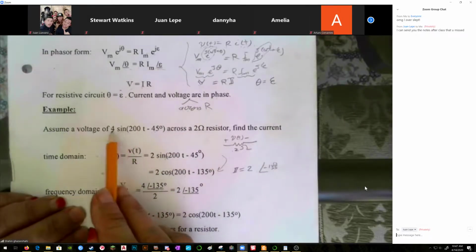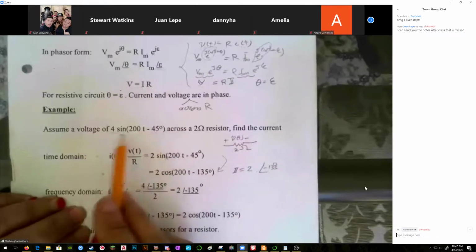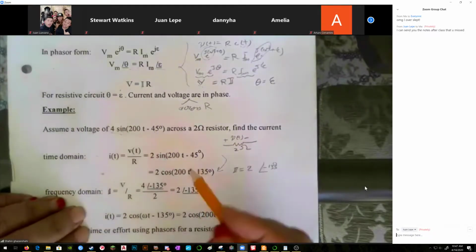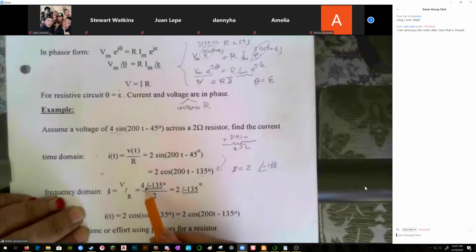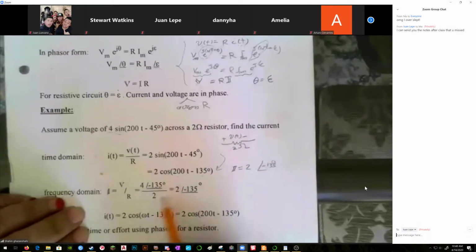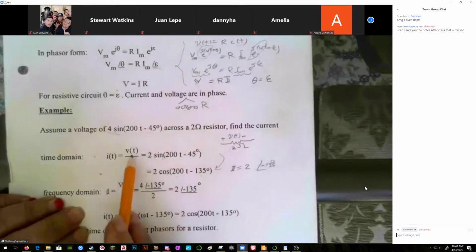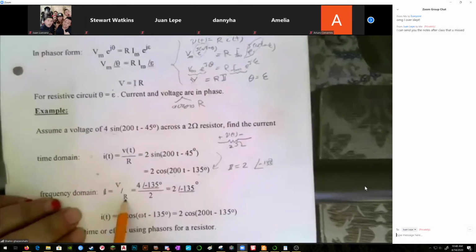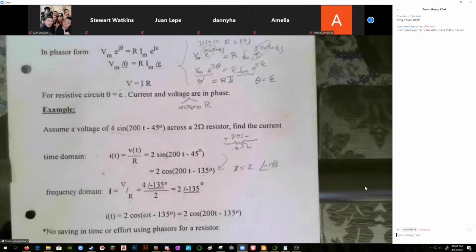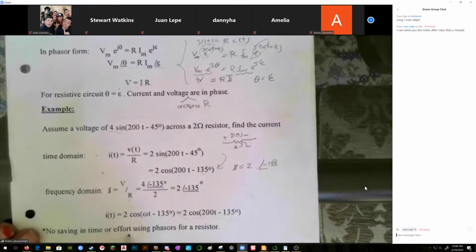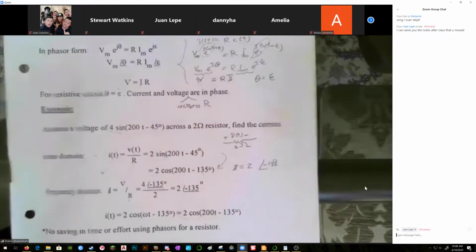From the beginning, you change this to phasor. How do we change this to phasor? You subtract 90, so you come with the angle. So that's my phasor voltage divided by 2. So if I do the analysis in the time domain or phasor domain, you get the same answer. So no saving in time or effort in any way for the resistors, okay?